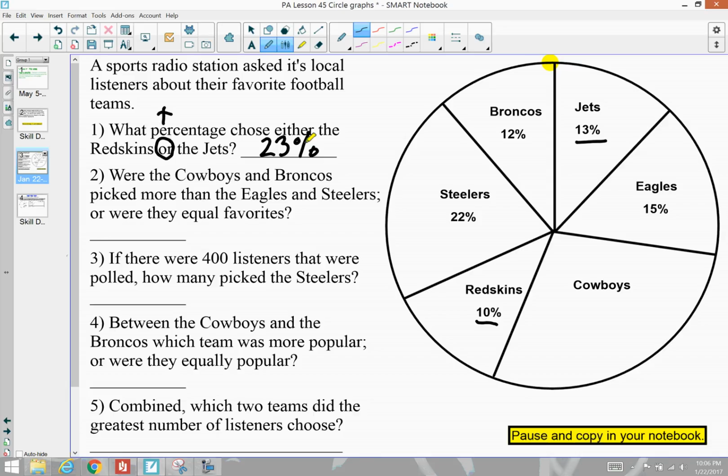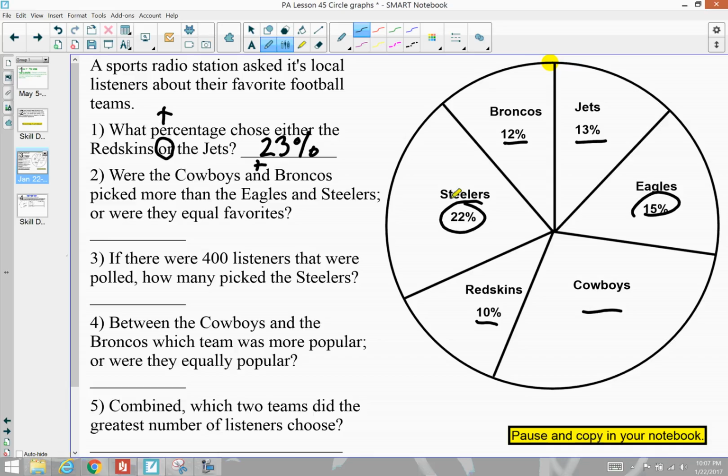All right, now the next one. Were the Cowboys and the Broncos picked more than the Eagles and the Steelers, or were they equal favorites? Well, they did a very easy job here because they already combined them. So the Cowboys, we don't know how much the Cowboys are, and the Broncos is 12%, versus the Eagles, which is 15%, and the Steelers, 22%.